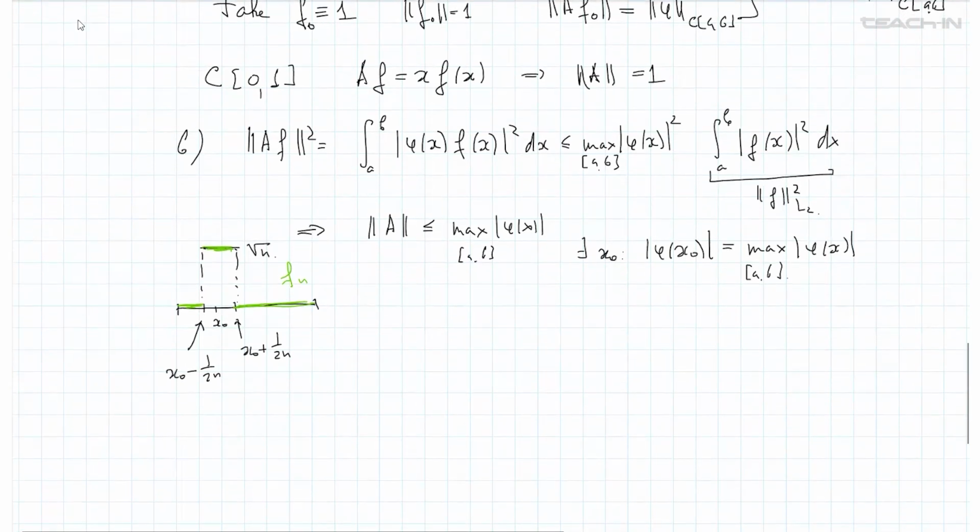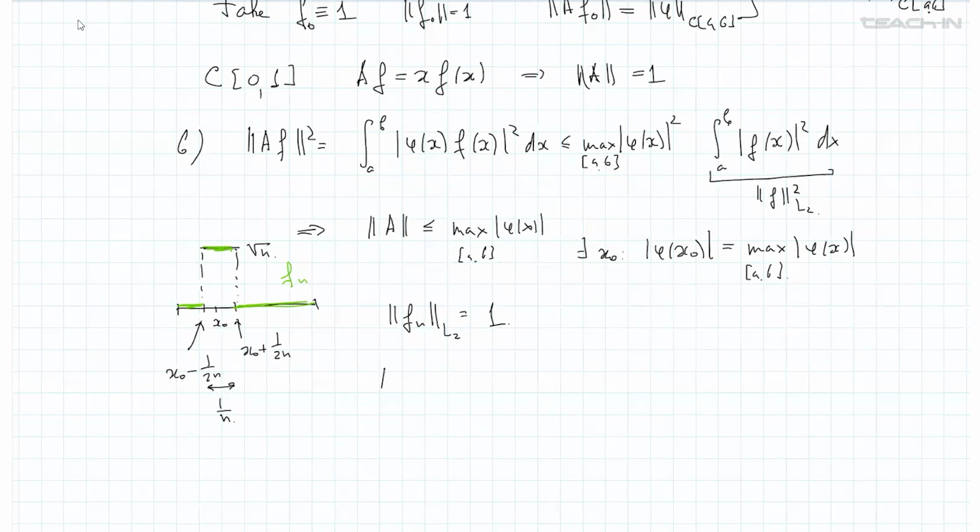What can you say about the norm of the function f in L2? Why do I take such a function? The norm of this function equals 1, because of the length of the neighborhood of x0.